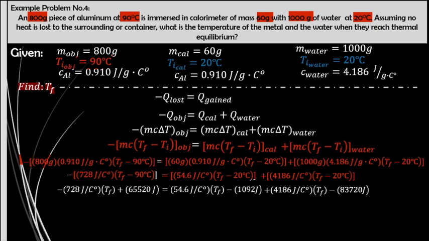We will combine all terms that are the same. So, we will transpose all terms with T sub F on the left side of our equation.